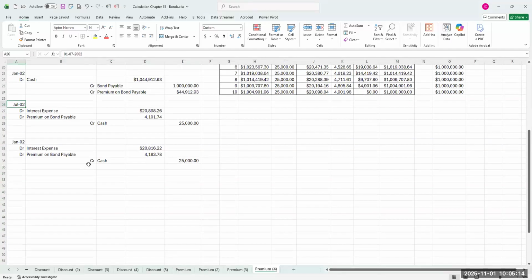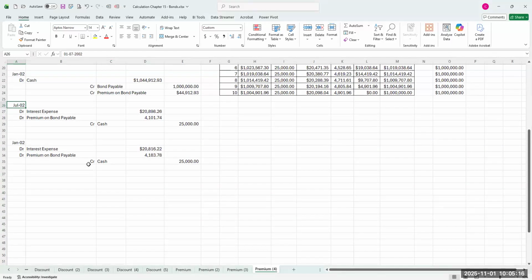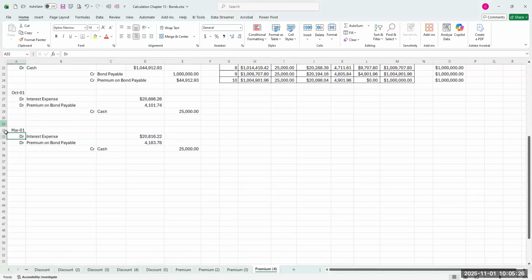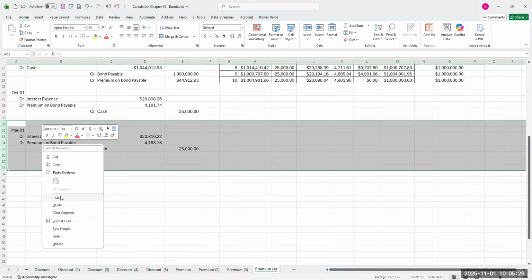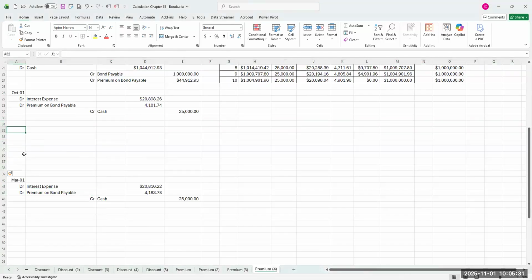And we said here the first payment was October 1st. And the second payment is March 01st. So here in the middle, between those 2 payments, I'm going to have year end, which is December 31st.